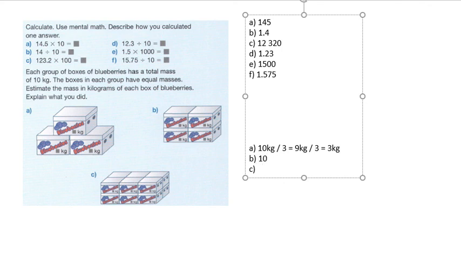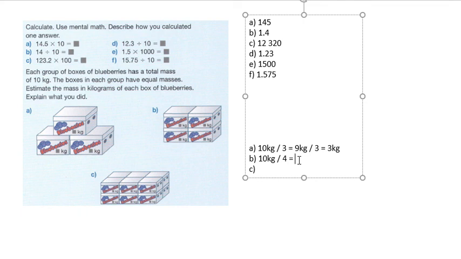We still have our total mass of 10 kilograms. However, this time we are dividing by 4 boxes. 1, 2, 3, 4. So if we divide by 4 boxes, we have a few different ways to estimate this. We could round our 10 kilograms to a friendly number, which could be, for example, 12 kilograms or 8 kilograms. But we can do better.